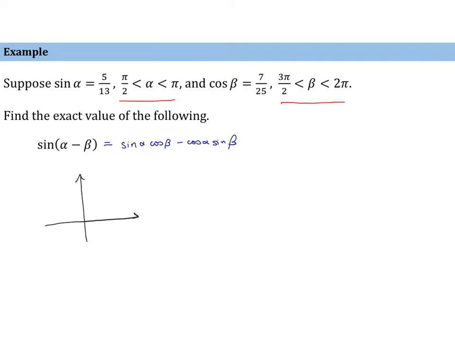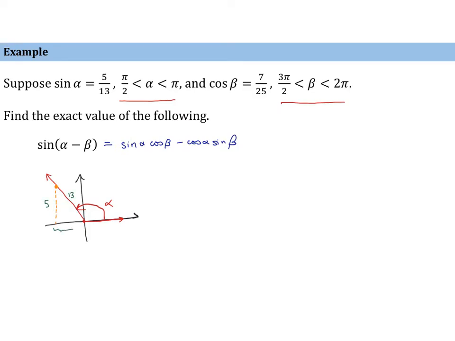So we know that alpha is in the second quadrant, and we can drop a perpendicular to help us out, and we know that the sine of alpha is 5/13.